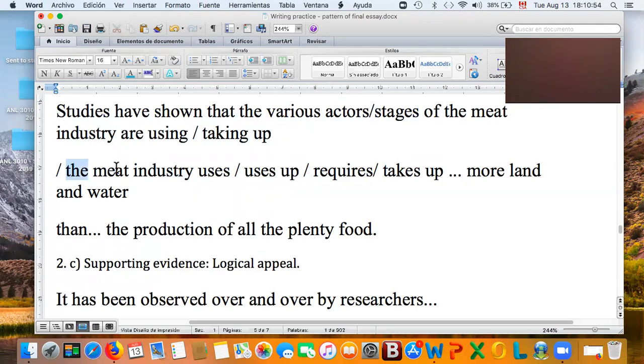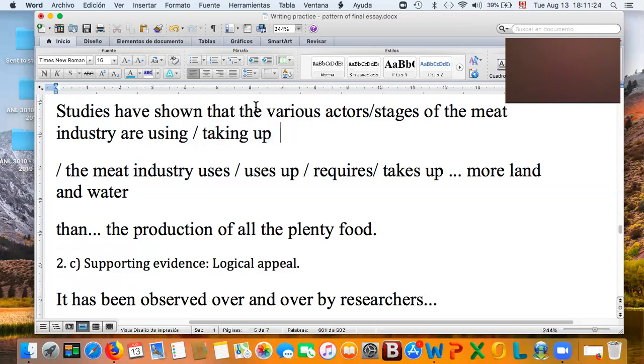So this is a kind of generic, and this is compatible with this present. Uses up, requires, takes up lots of land and water. Now, the writer had are using and are taking up. That's not impossible, but that's shifting the emphasis to what is happening right now.